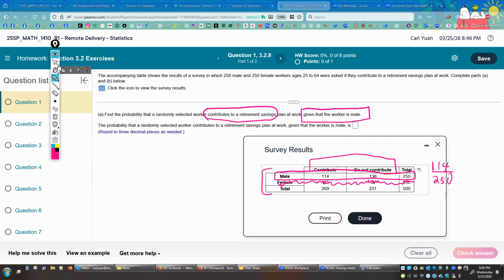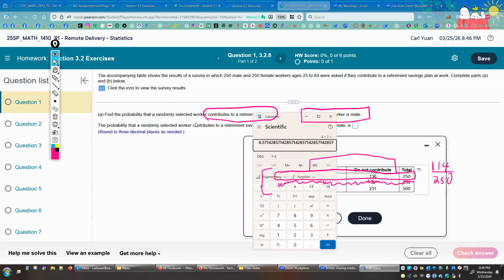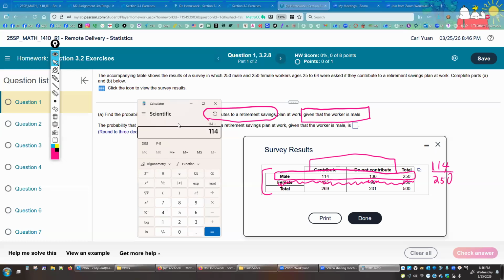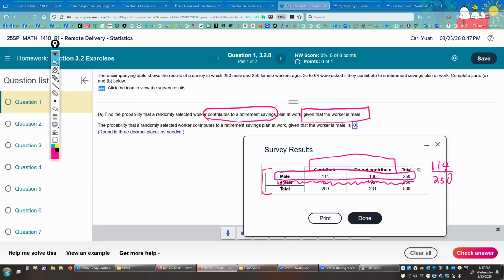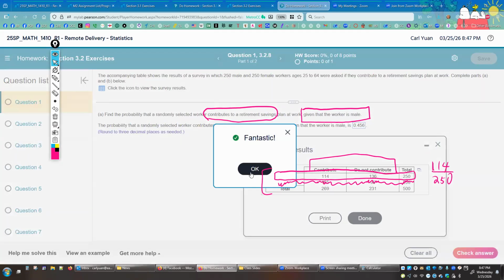So we're going to do that calculation here, and the calculation is going to be 114 divided by 250. And I think it wants 3 decimal places. So let's click on equal. So 0.456. All right. Put it here. So 0.456.